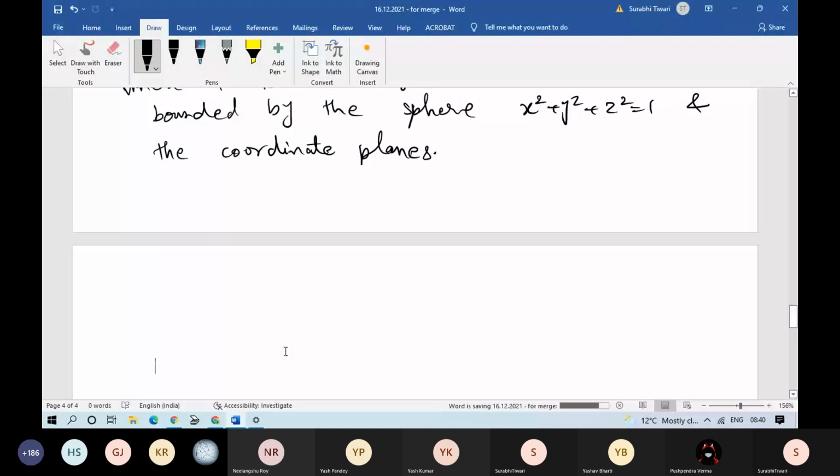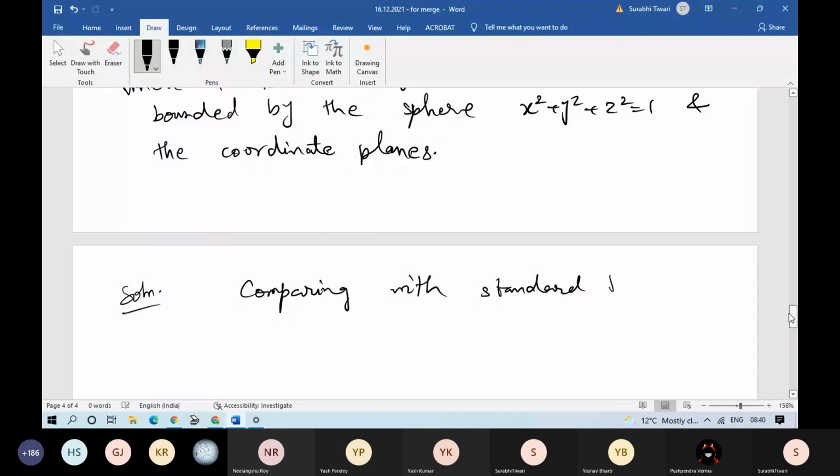Now you compare this integral. So comparing with the standard form of Dirichlet integral, what do we get as the value of alpha, beta, gamma?